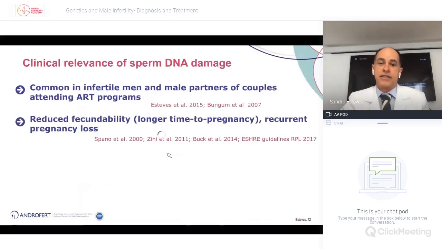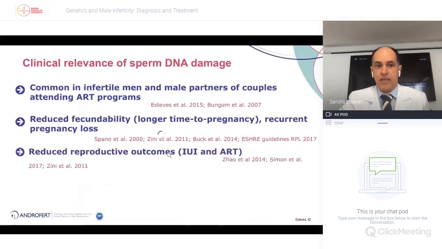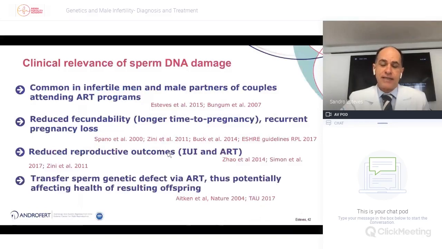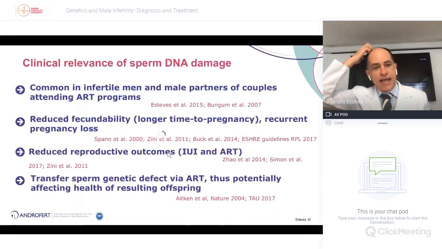And for us working in the IVF clinic, there are reduced reproductive outcomes, both IUI and ART, in patients with sperm DNA damage. And also, as I said, there's a possibility to transfer sperm genetic defects using IVF and ICSI, with a potential negative effect on the health of the resulting offspring.